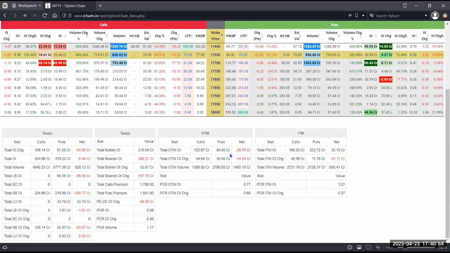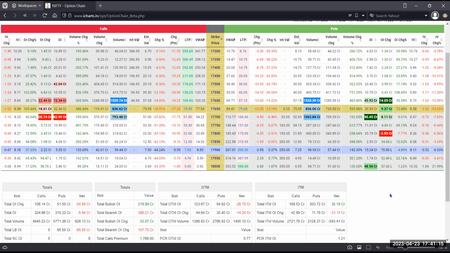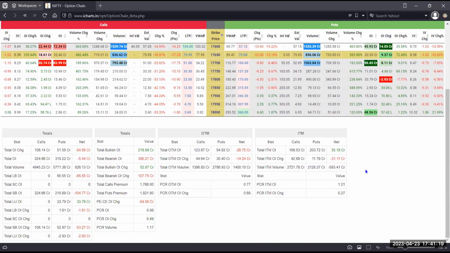This is mostly controlled by selling strategies, and this is by risk-defined or hedging strategies. So this will be more stable, but it will suddenly change when the trend is changing, because then these people over here are going to be in trouble. They'll unwind and all that, so you'll see unwinding happening. Then you will know that.